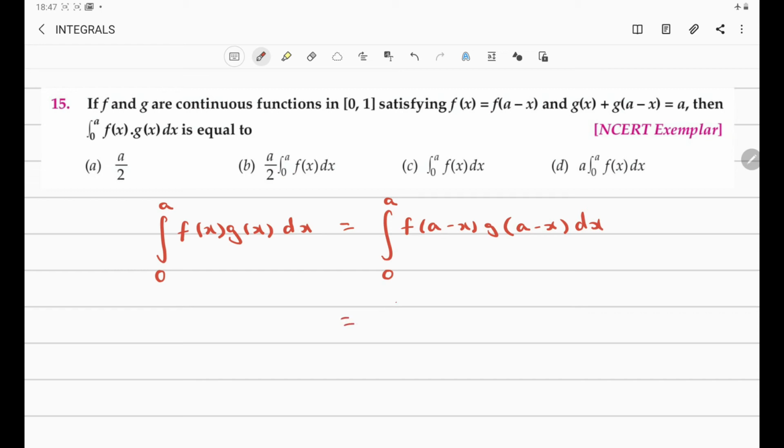So this is equal to integral 0 to a, f of a minus x is given to be equal to f of x. So from the condition given, f of x and f of a minus x are the same. So we make use of this condition and we write in place of f of a minus x, f of x, and g of a minus x can be written from this as a minus g of x, a minus g of x dx.